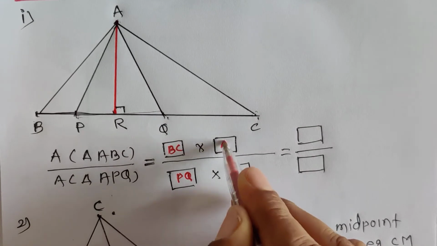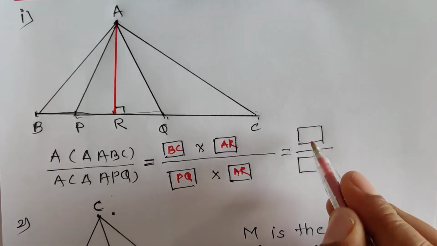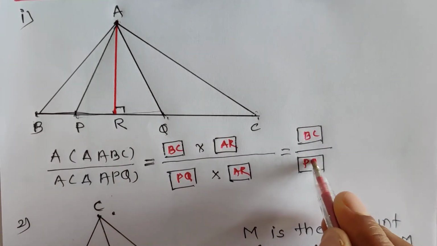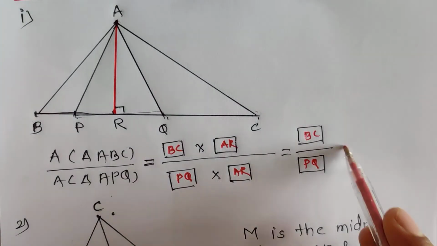Here the base for ABC is BC, and here it is PQ. The corresponding heights are AR and again AR. So AR gets cancelled and here we get BC upon PQ. In this way we can complete this activity for 1 or 2 marks.